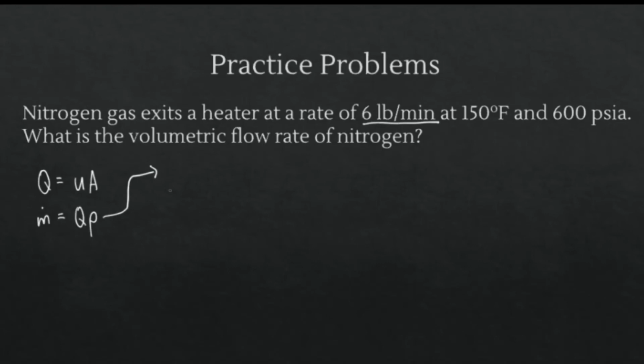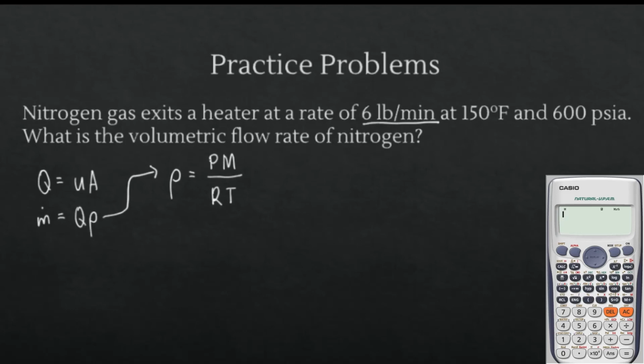We have nitrogen gas, which we can assume is an ideal gas, and as such we can determine its density by the formula pressure times the molecular weight divided by the universal gas constant R divided by the absolute temperature T. We can directly substitute our given values in our formula for the density. That is pressure, 600 psi absolute, multiplied by the molecular weight of nitrogen gas, that is 28 pounds per pound mole, divided by R. Our R in this case is 10.73.